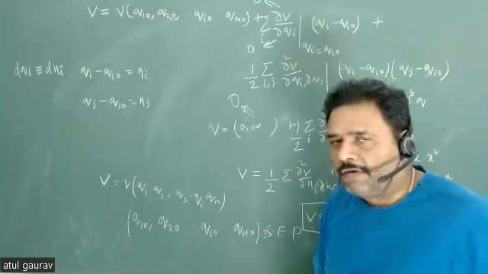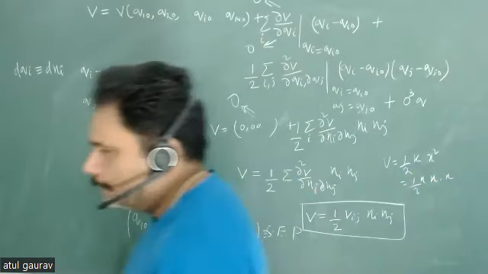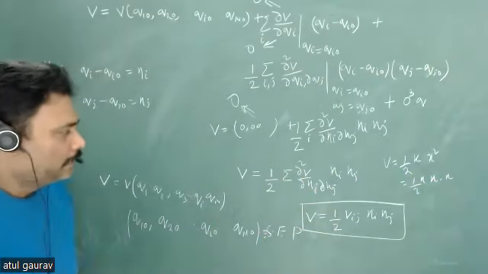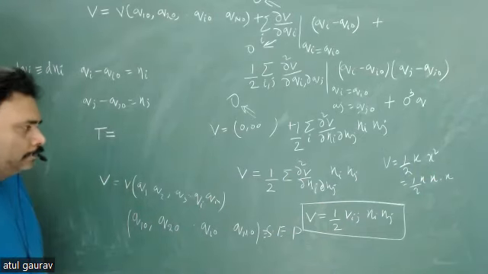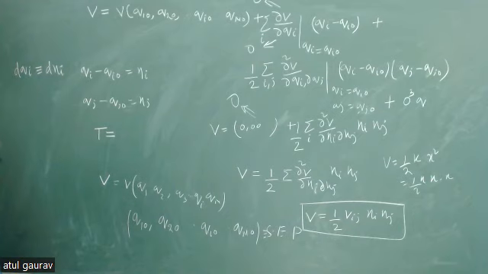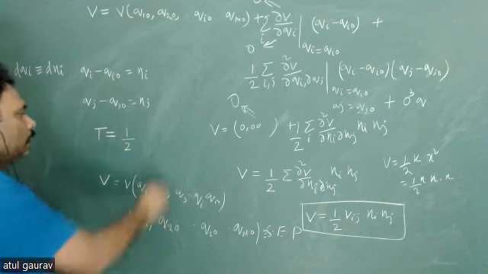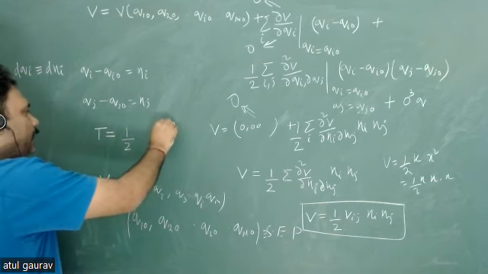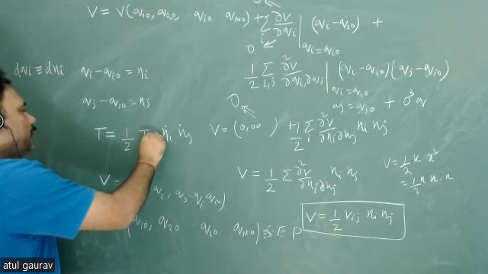Now, if you have this as your potential energy, and with the analogy of the first, one degree of freedom harmonic oscillator, what should be my kinetic energy? If it is potential energy, then what should be my kinetic energy? Half eta i dot square. Obviously, you have eta i dot, eta j dot, and that value is Tij.